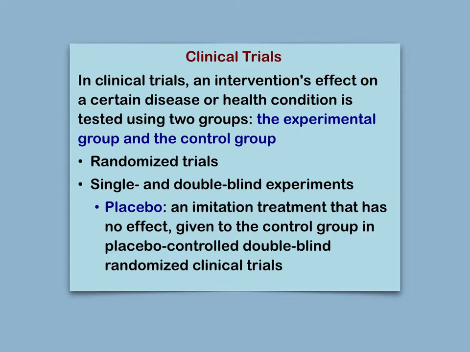So if we see the experimental group does substantially well after being treated with this new form of antibiotics, we can conclude that that medication or drug is helpful and treats infectious diseases. If it doesn't, then it will not be approved by the FDA and cannot be allowed to come to the market.